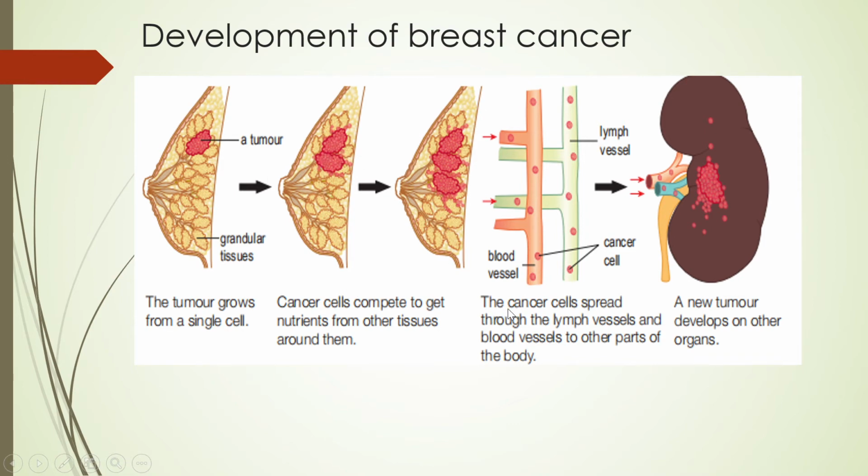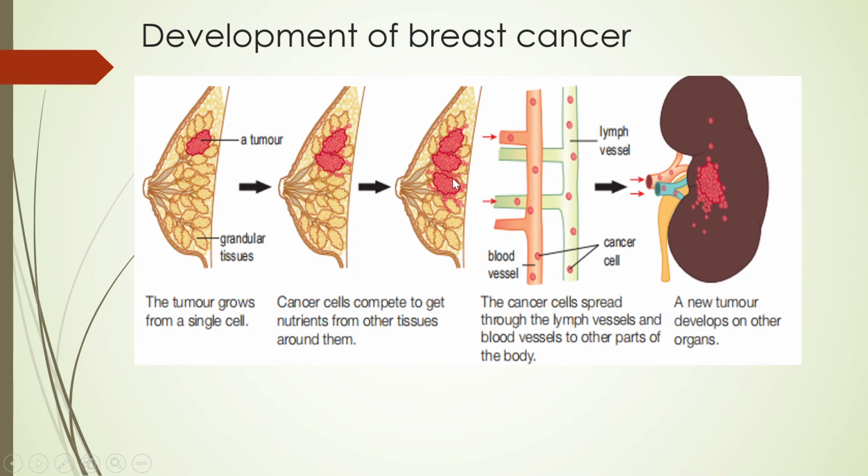This one is the development of breast cancer. In the end, the cancer cells spread through the lymph vessels or the blood vessels, the blood circulatory system and the lymphatic system, to other parts of the body.